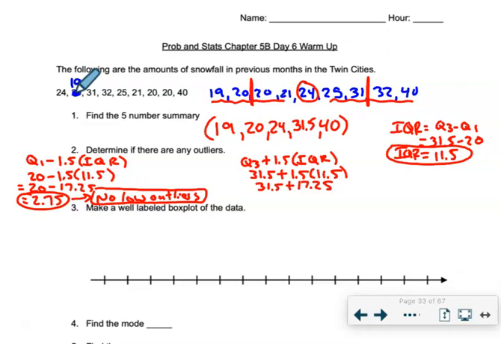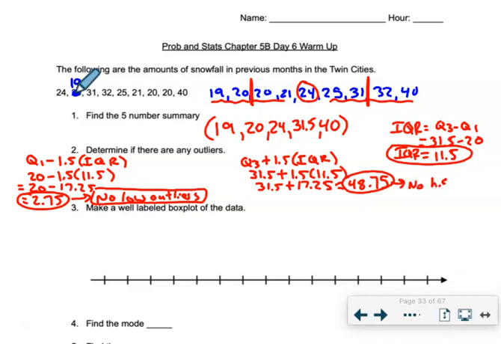Looking at outliers that might be too big, 31.5 plus 17.25 is going to be 48.75. So that's my cutoff; anything bigger than that would be an outlier. But we don't have anything bigger than that, so there's no high outliers.